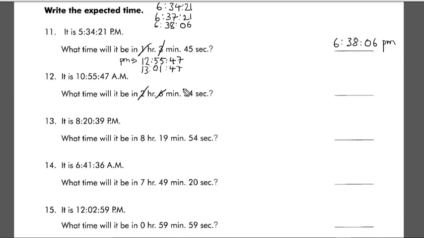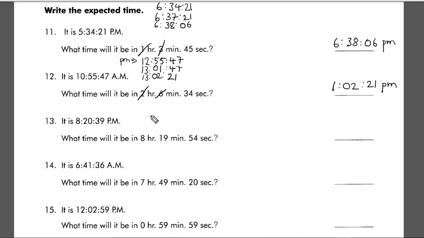So 47, 57, 67, 77, add the 4, then I've got to 81. Again, can't have 60 or more here. So 81, take away 60, that's going to leave me with 21 here, and I add that additional minute there. The hour remains the same. I'm going to give my answer in the 12-hour clock, so that would be 1 hour, 2 minutes and 21 seconds, and this is PM.